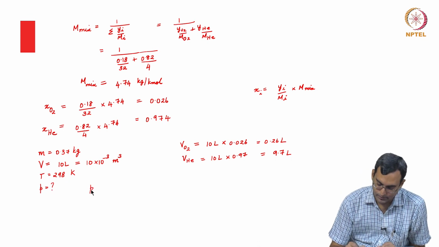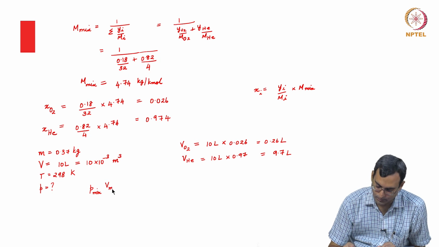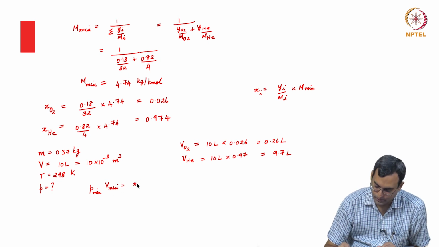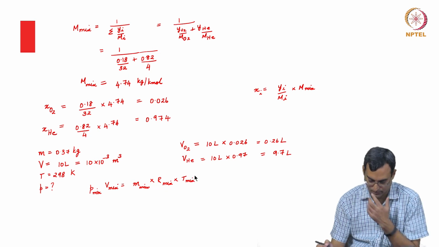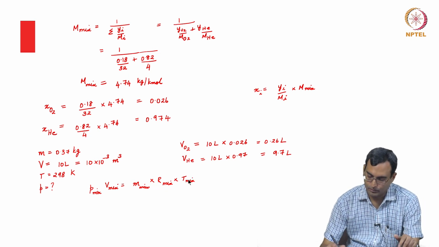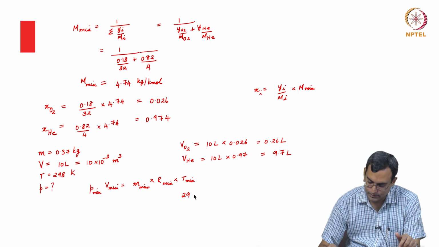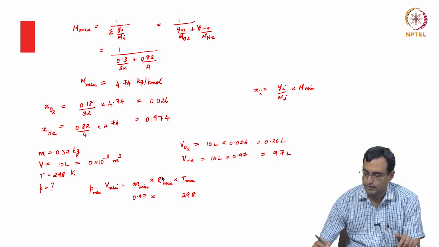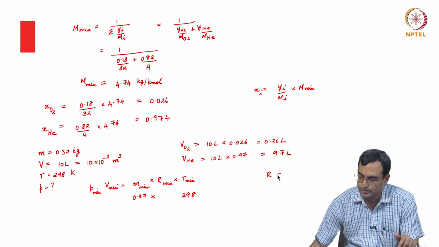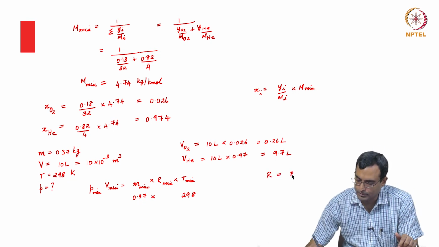Then for the mixture, we can write pressure of the mixture times volume of the mixture equal to mass of the mixture times R of the mixture times temperature of the mixture. So, we know the temperature, that is 298, we know the mass, which is 0.37 kg. The specific gas constant of the mixture is the universal gas constant divided by molecular weight of the mixture.